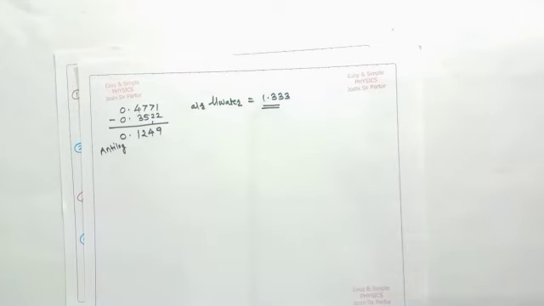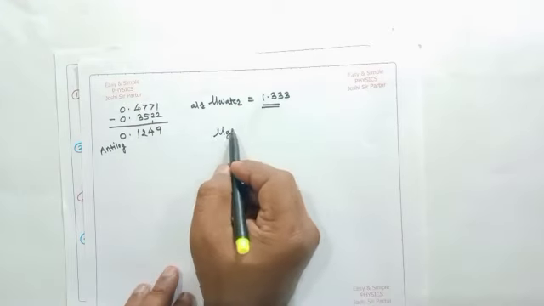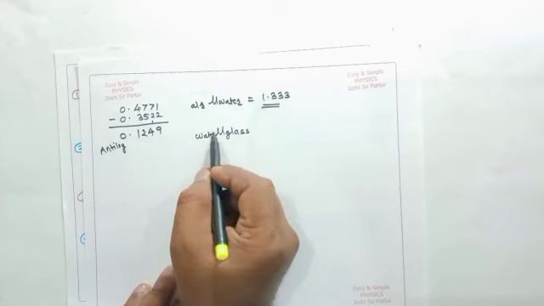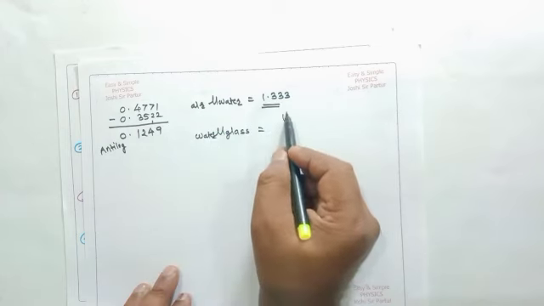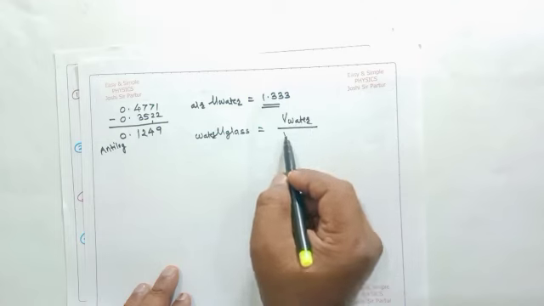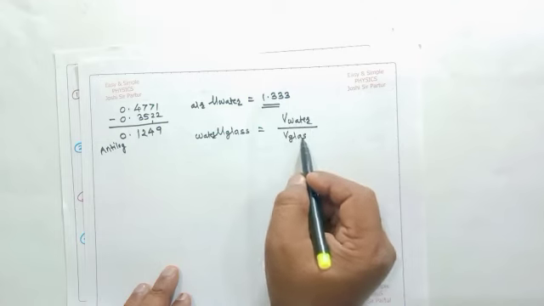And the third question, we can find out the refractive index of glass with respect to water. So here velocity of light in water divided by velocity of light in glass.